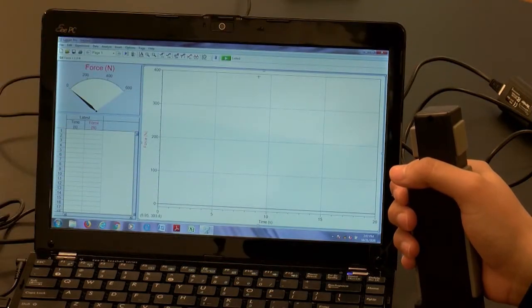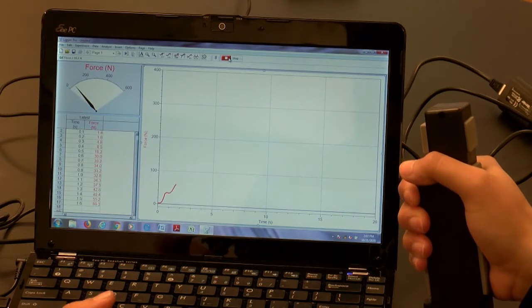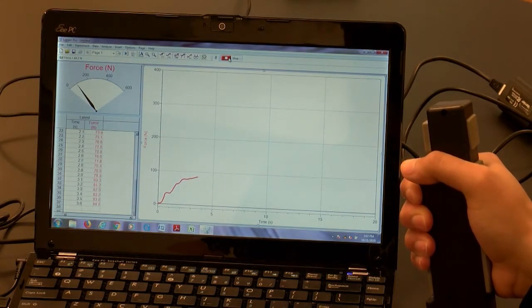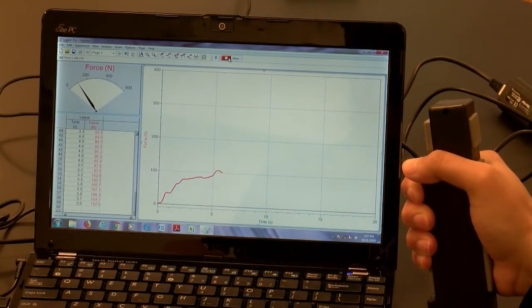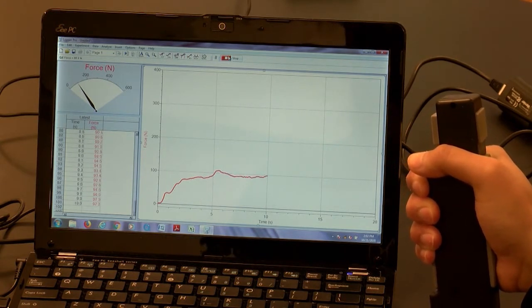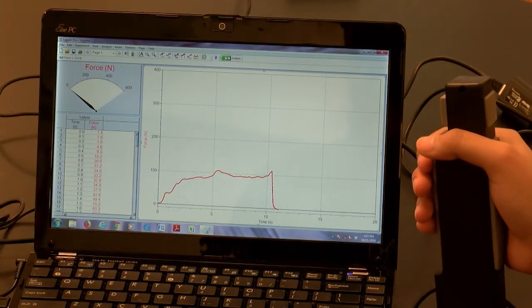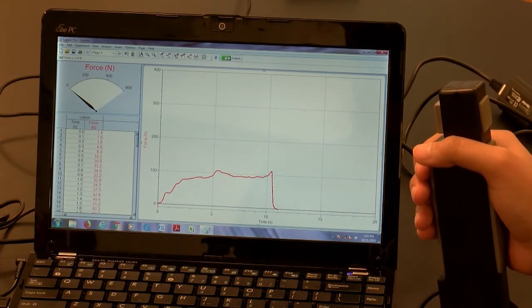We're going to get some data here on grip strength. I'm going to press collect. Our subject is going to squeeze as hard as she can for 10 seconds. Very good, and go ahead and stop. Now we're going to get the amount of newtons that were squeezed.